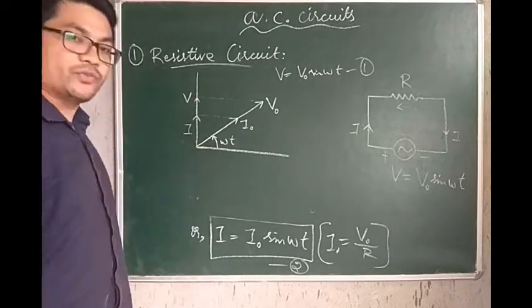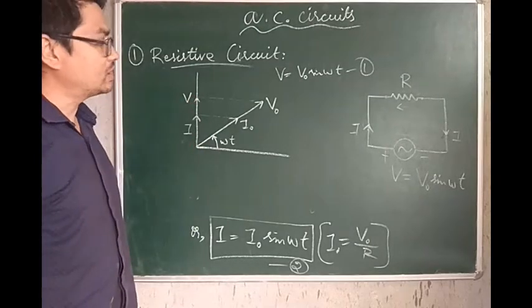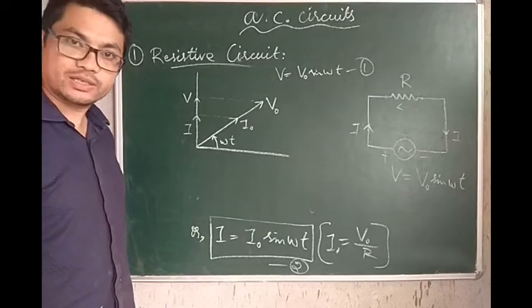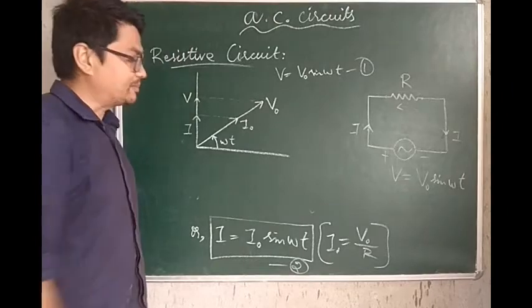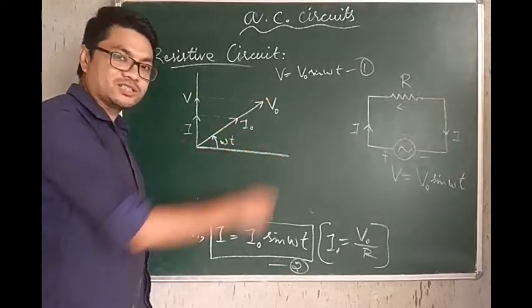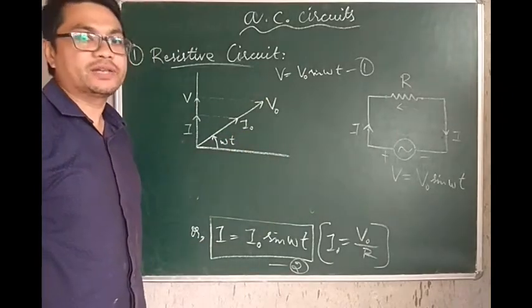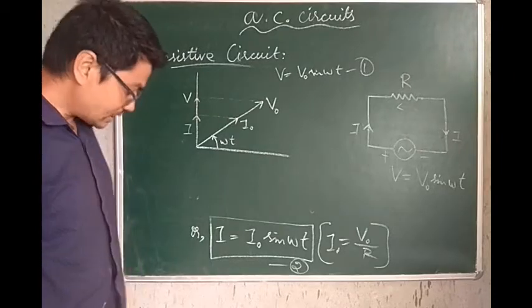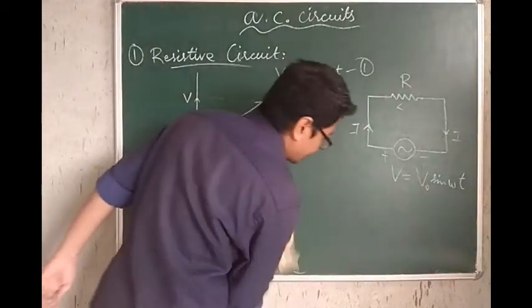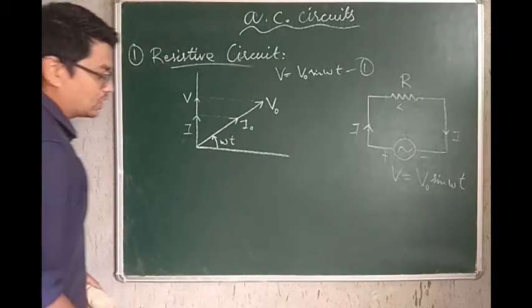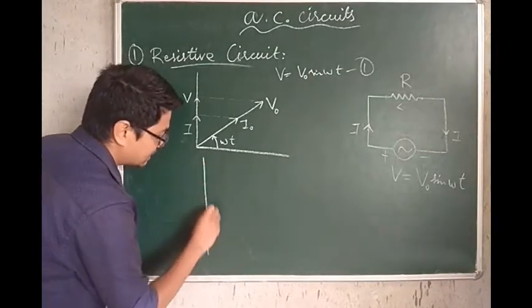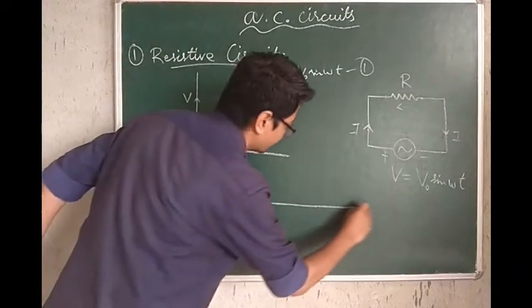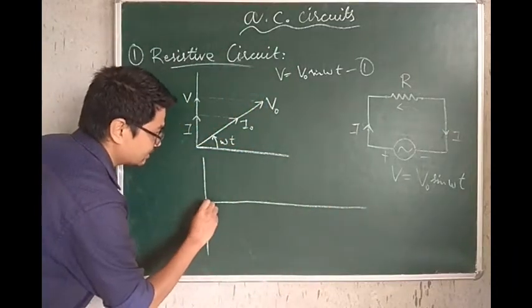So this is the phasor diagram for a purely resistive circuit, and we can easily make out from the phasor diagram itself that both the current and the voltage in case of purely resistive circuit are in phase. Also, what we can do is draw a graph showing the variation of current and voltage for a purely resistive circuit.